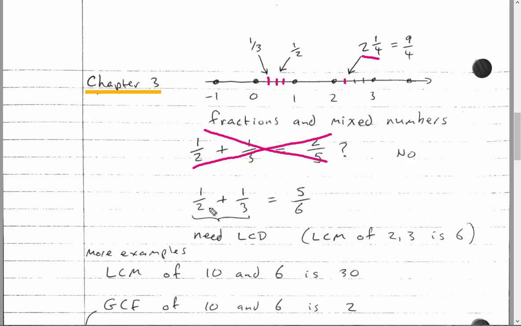In fact, the only way to add these is write 1/2 as 3/6, 1/3 as 2/6, so altogether that's 5/6. So we needed an LCD, a least common denominator here, and that's the least common multiple of 2 and 3. So what's the smallest number that's a multiple of 2 and a multiple of 3? It's 6 here, so we needed a 6 on the bottom.